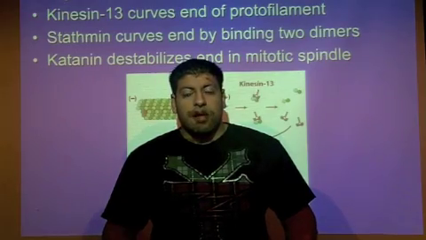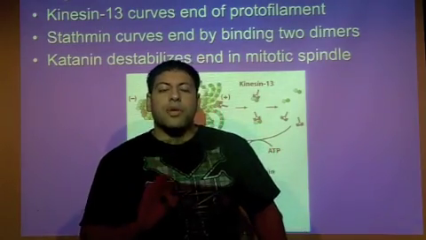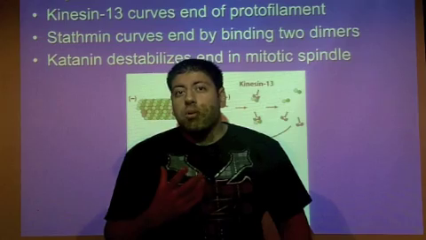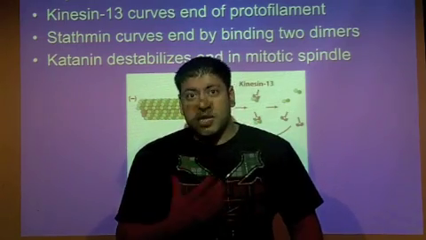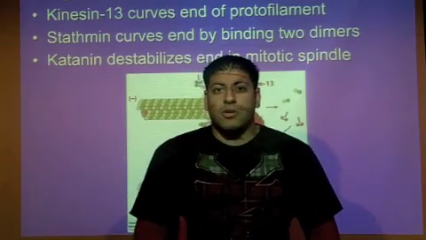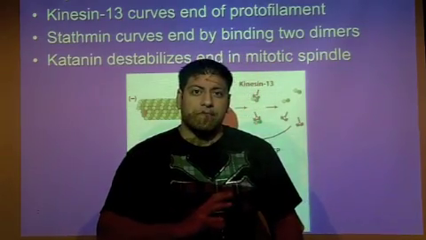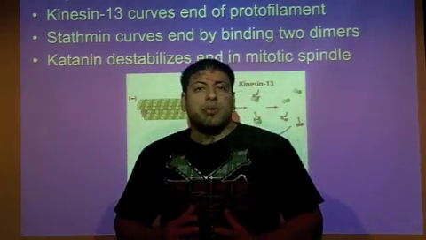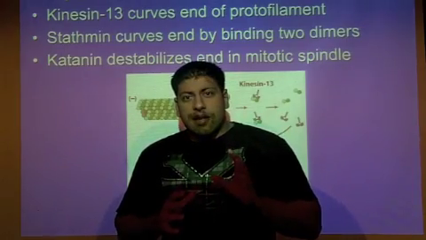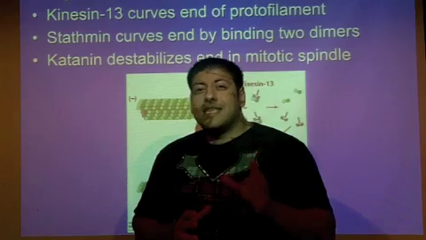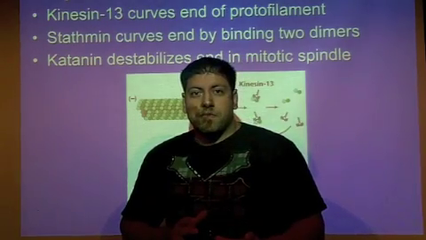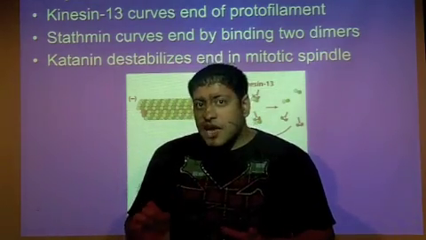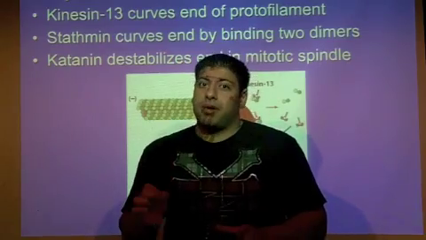Now what we're going to look at is that there are three proteins called destabilizing proteins that help disassemble or depolymerize the microtubule at the plus end. So again, what these destabilizing proteins have in common is that they're all looking for GDP beta tubulin, and the proteins themselves are all activated by ATP.